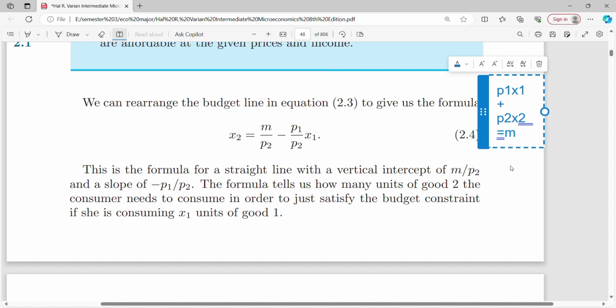And in the next step, we'll take this P1 X1 to this side, so it will be M minus P1 X1.